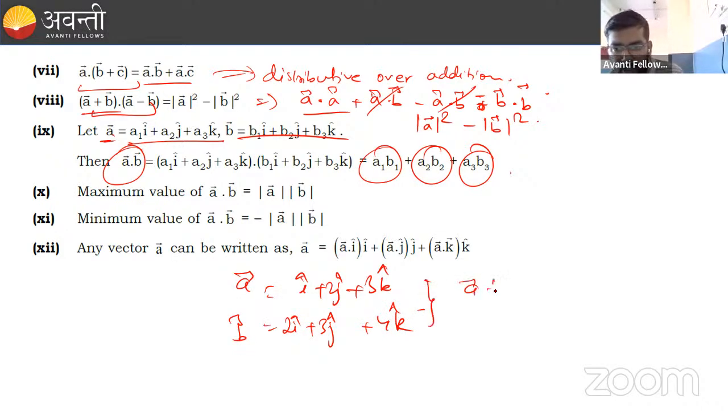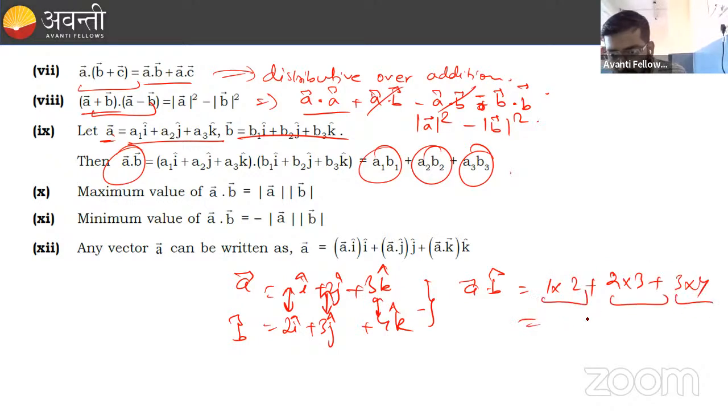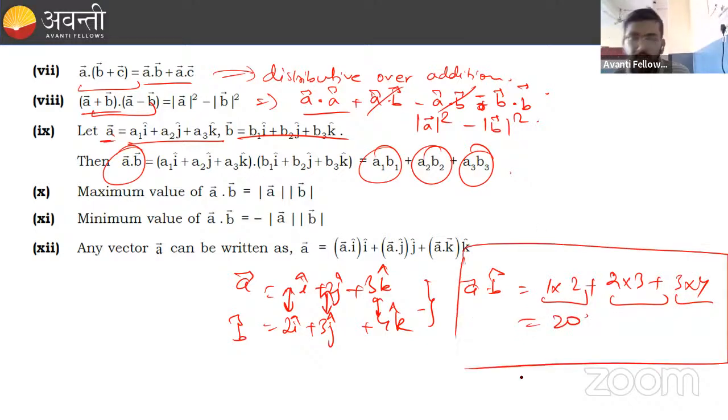For a bar dot b bar, you can simply multiply the components and add them. So 1 into 2 plus 2 into 3 plus 3 into 4. This becomes 2 plus 6 plus 12, which is 20, right? So a bar dot b bar can also be found out by this method.